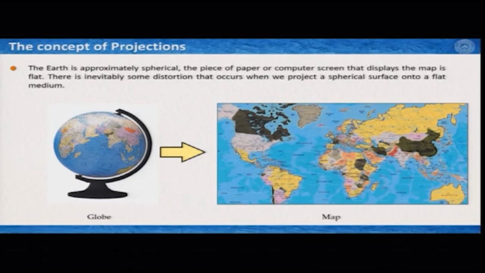Now, how this spherical map is converted to this map is a question, and if you try to do that, that means if you break this globe and then try to make a rectangular area, interestingly you cannot do it. If you have to fit it, you have to stretch some areas, you have to deform some areas of this globe, and then only you can make this flat map.